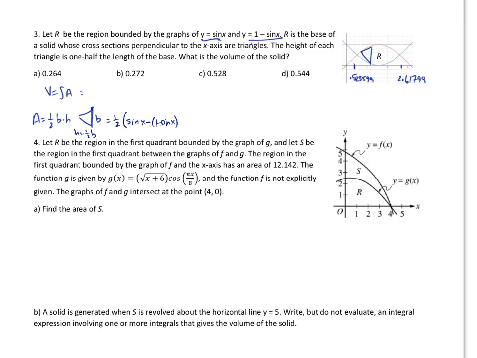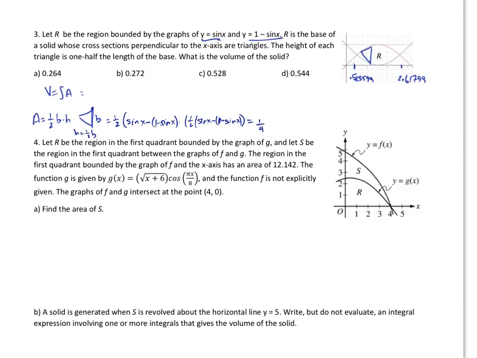Times this is going to be another 1/2, sine x minus 1, I'm sorry, this should be like this, 1 minus sine x. Okay, cleaning all this up, we get this area as being 1/4.